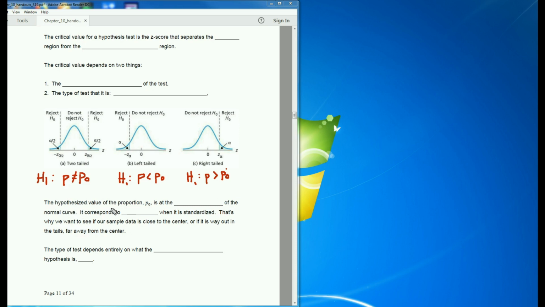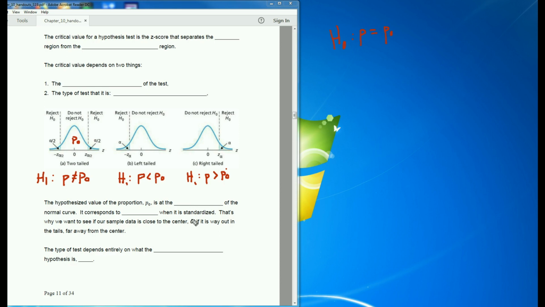So for all three cases, the hypothesized value, the one that is in your null hypothesis, and remember, your null hypothesis for a proportion test is always going to be that p equals a certain value, p0. That's supposed to say p0, okay? And that hypothesized value is always at the center of the normal curve. So it is, for all of these, p0 and here is at the center.